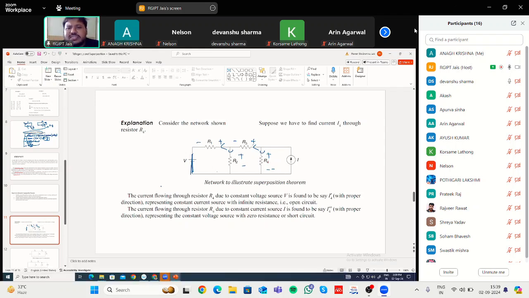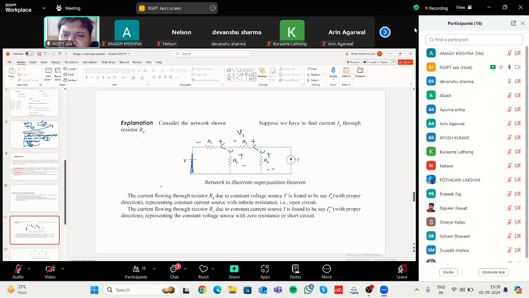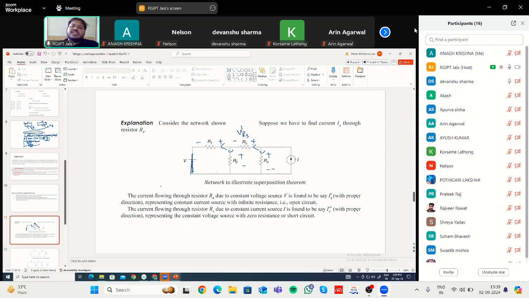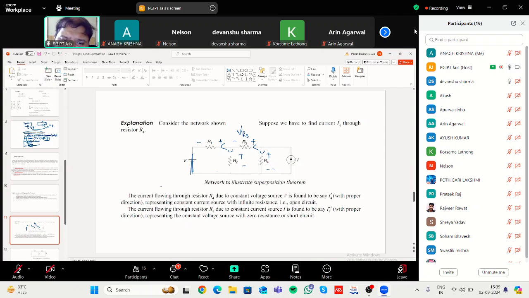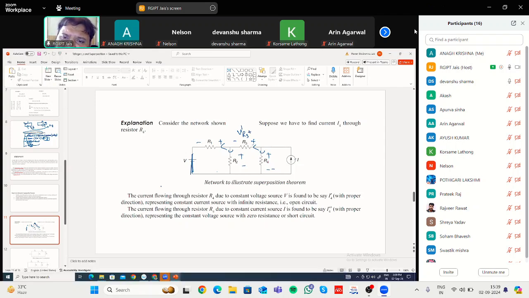Now let us consider the resistance R3. In the first case, when you have applied voltage V but deactivated the current source, let us say you get V_R3'. This is the voltage across the resistance R3. When you deactivate the voltage source and apply the current source, you get another voltage V_R3''.